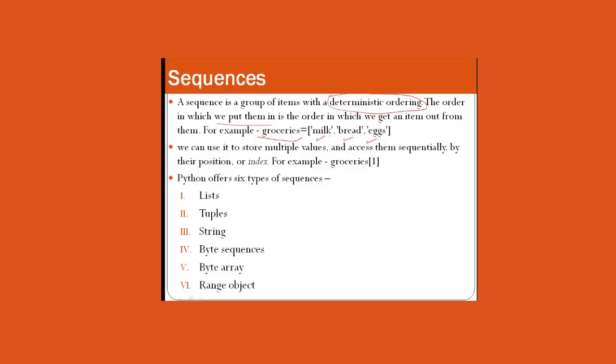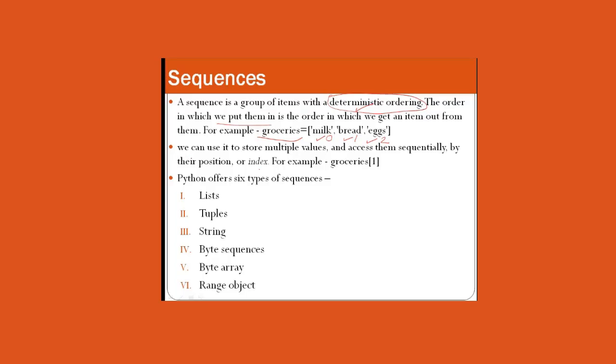So this is your first element, this is your second element, and this is your third element, right? A sequence is a group of items with a deterministic ordering. So it has the order. That's why it is a sequence.